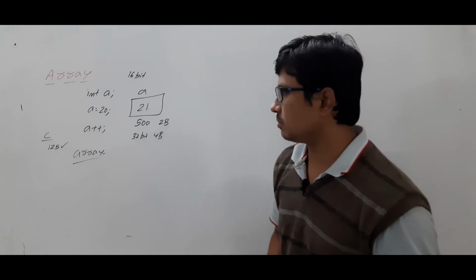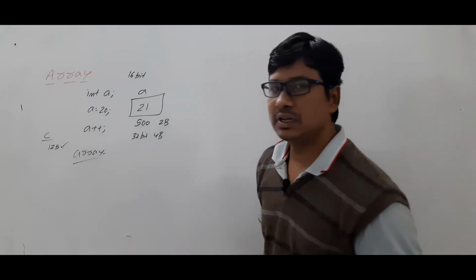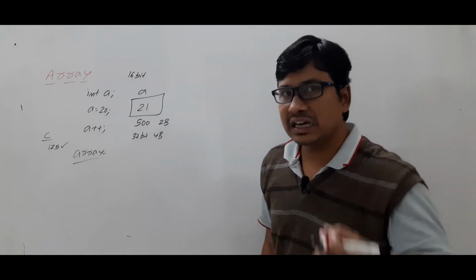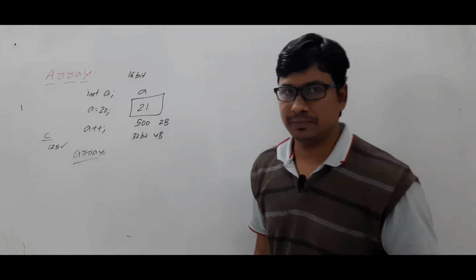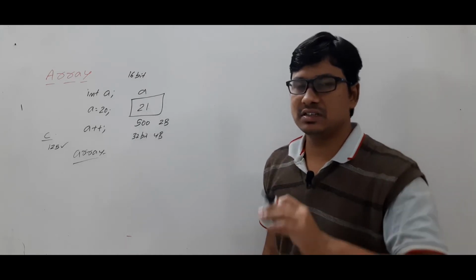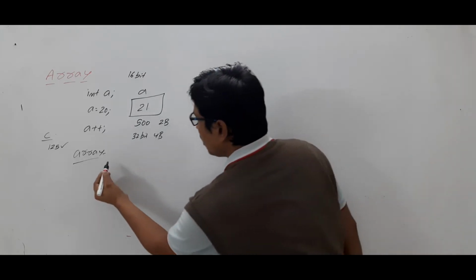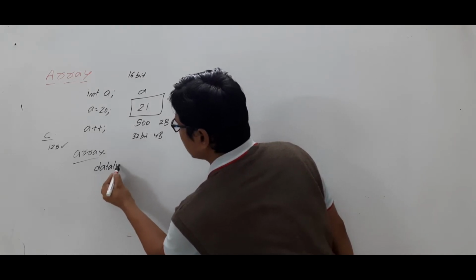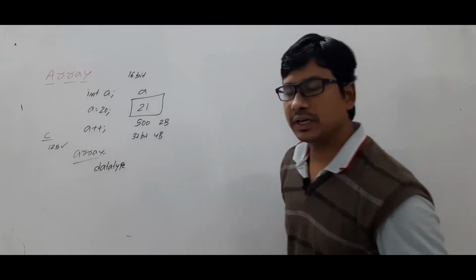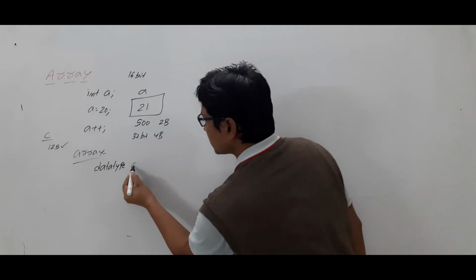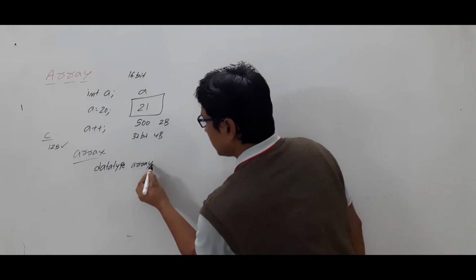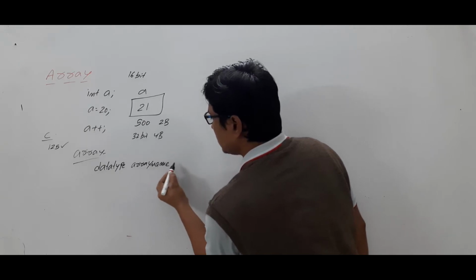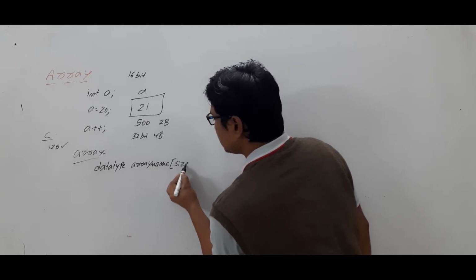What is this point? Let me discuss. Suppose let me discuss the declaration of an array, then I will discuss with an example. Now, how to declare an array? You have to use the data type, and then you have to use the array name, and then you have to specify the size.